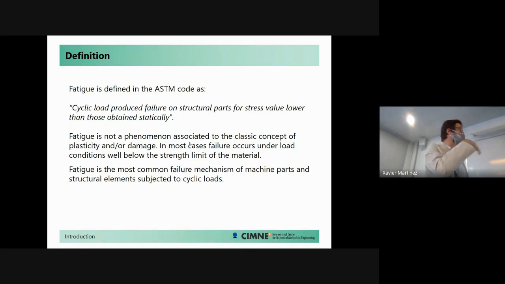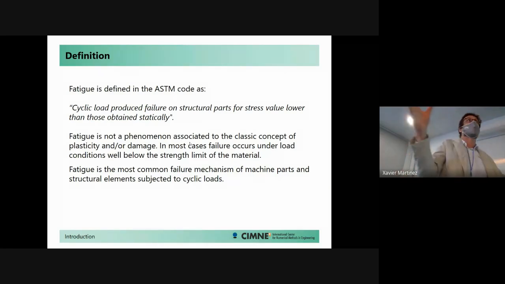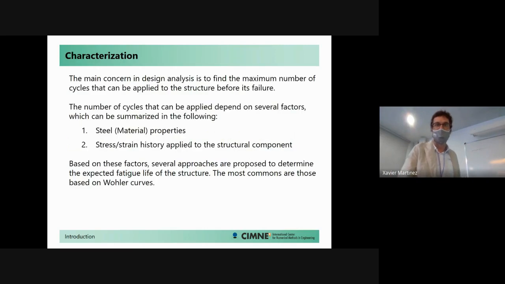But the ASTM and most of the machines and mechanisms that suffer fatigue suffer it for loads lower than the ones that produce the yield of the structure. And that's why it's quite a concern, because the structure fails before knowing it. I mean, it's a fragile fracture, and it doesn't tell you through large deformations that it's going to happen.